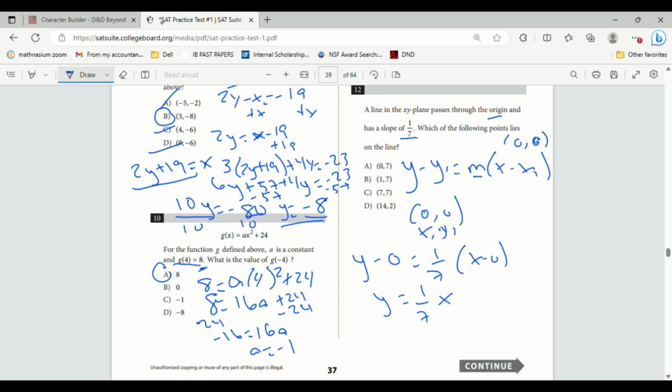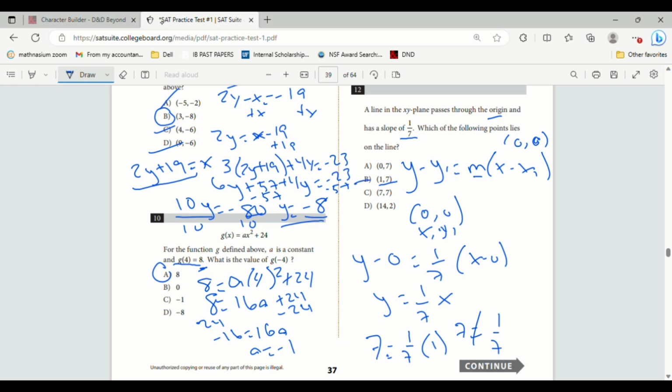So let's try plugging in, for example, the point for b. Well, if x is 1, then y is 7. So 7 must equal 1/7 times 1. Well, 7 does not equal 1/7, so it can't be b.